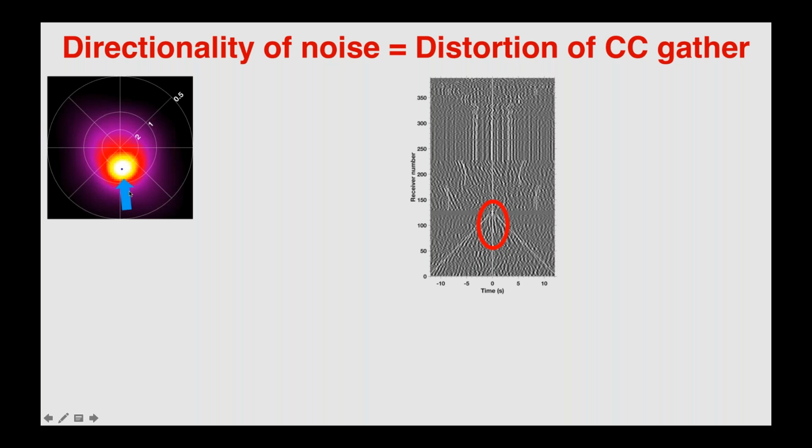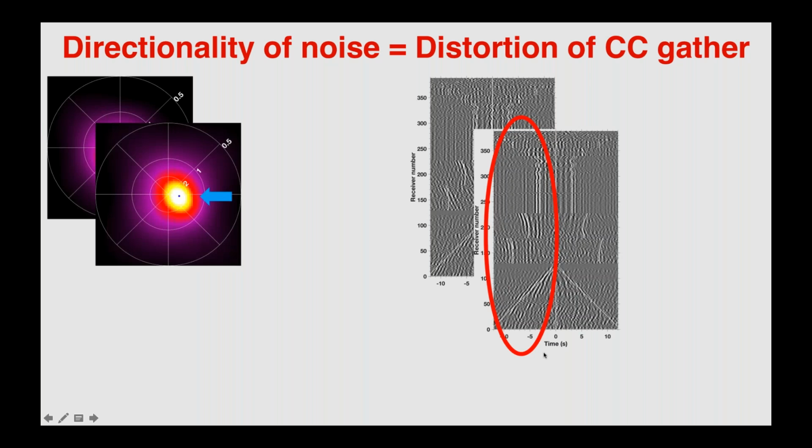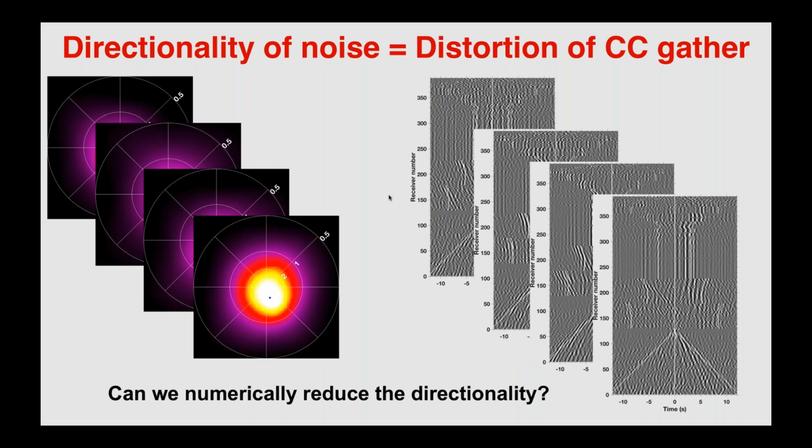For example, noise comes from the south side and there is some strong energy around the zero lag, or from the east side and most of the energy is at the equator time. So can we numerically reduce the directionality?